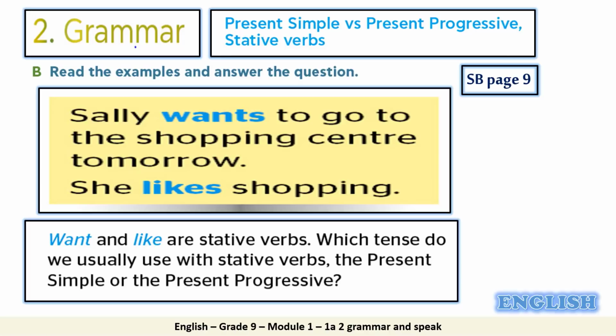The present simple or the present progressive? Look at the examples. Wants, likes. They are in present simple. Want, like, they are stative verbs. They can't be used in progressive tense.